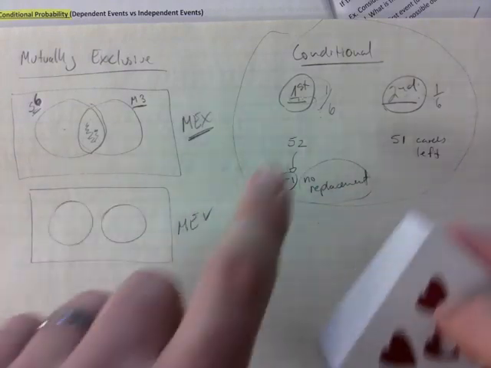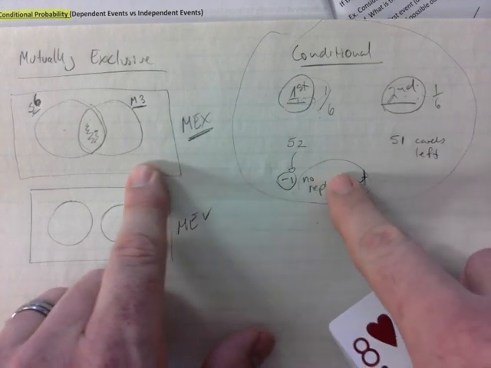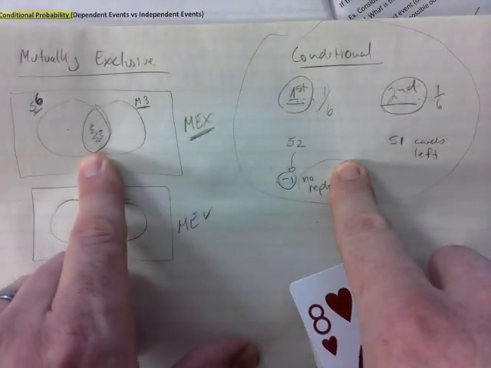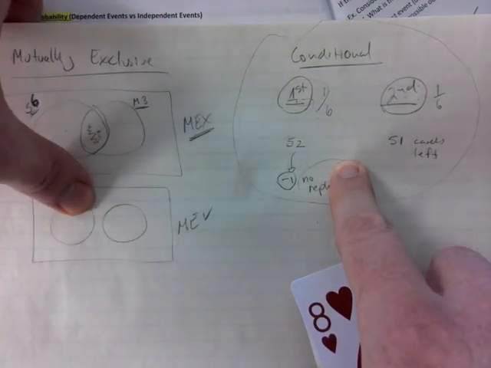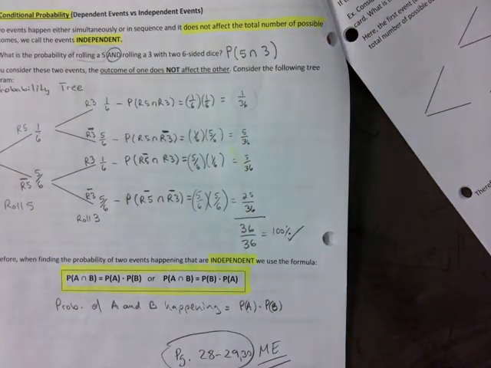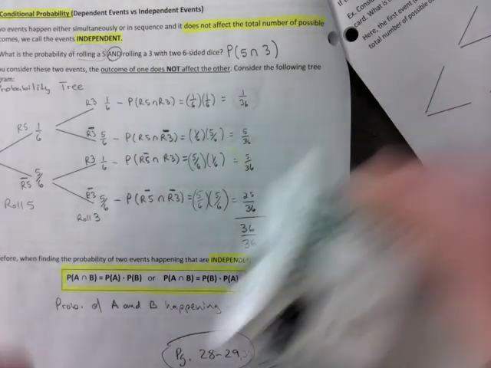So that's what conditional probability is more interested in. They are different, so I'm not going to mix them up. Mutually exclusive is more like, are there outcomes that are the same? Conditional is, does the first one affect my second one? I hope that distinction makes it a little easier to grasp the concept.